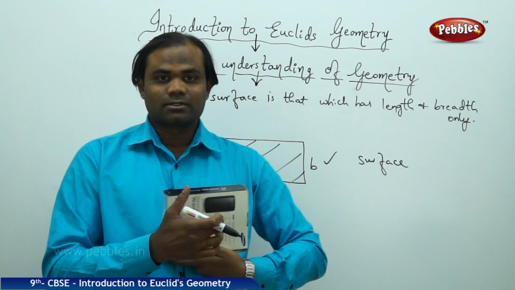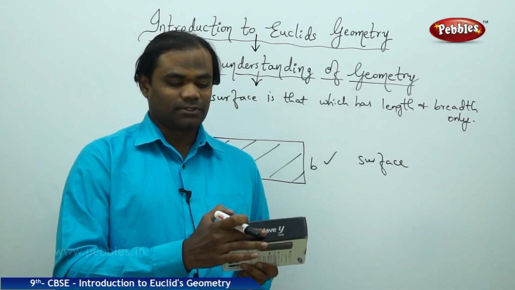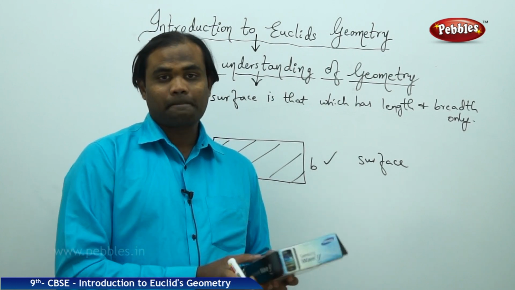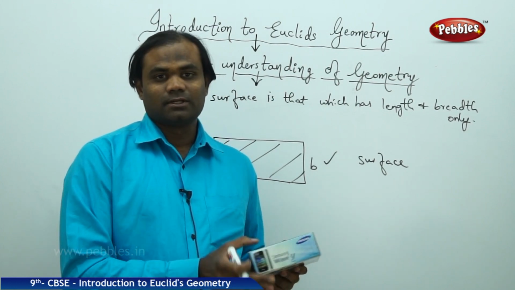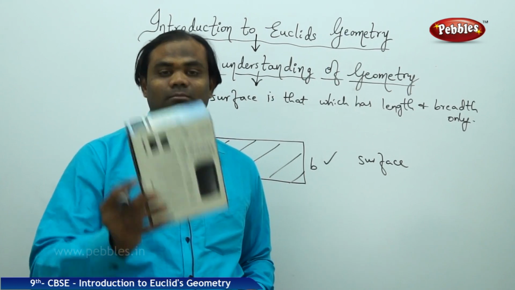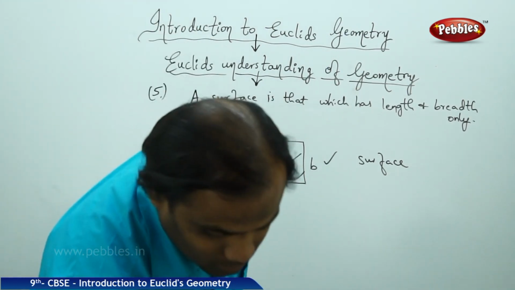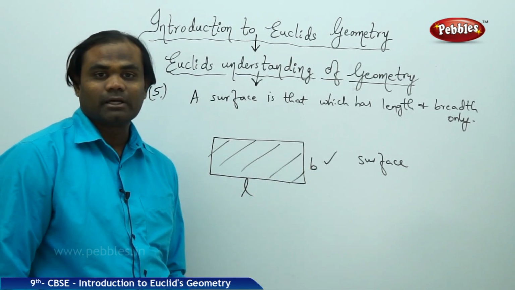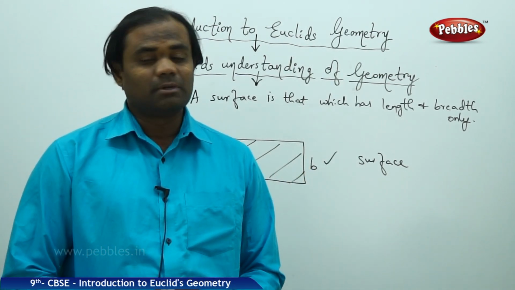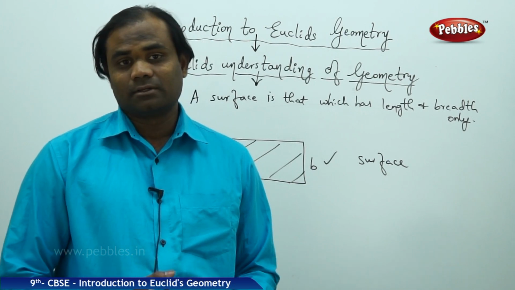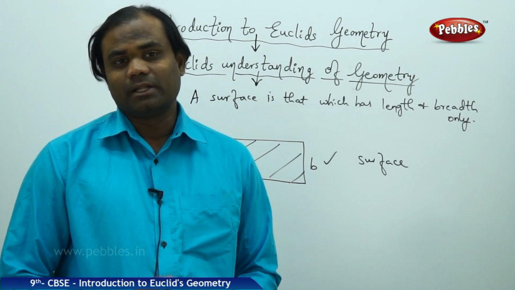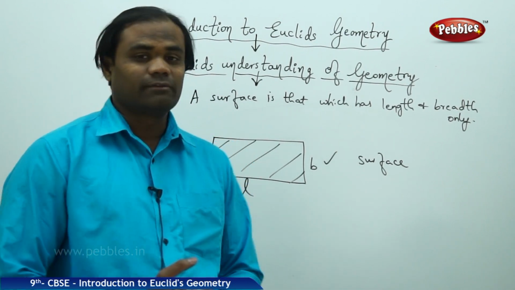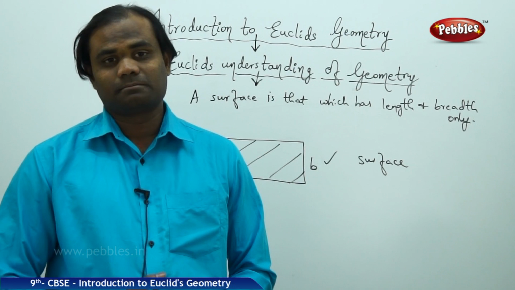Surface 1, surface 2, surface 3, surface 4, surface 5, and surface 6. 6 surfaces making a box. A surface which has length and breadth. A line which has length but does not have breadth. A line is a breadthless length, is how we understand the difference between the surface and the line.